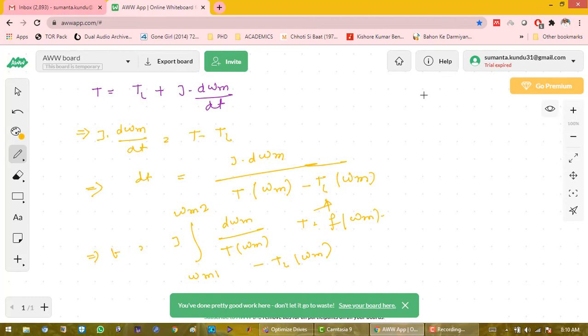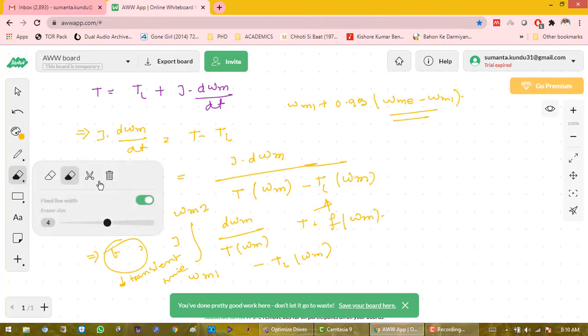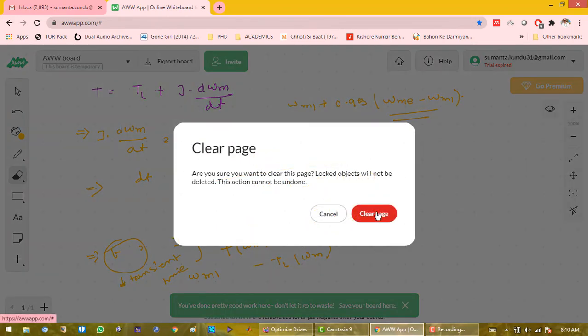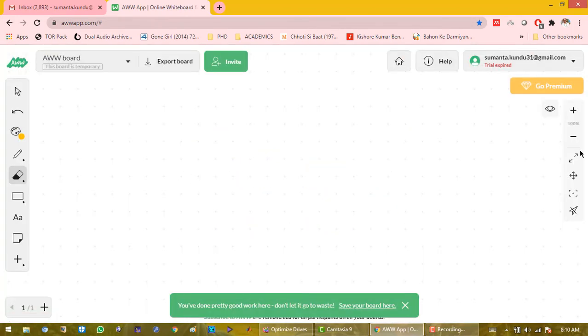So the speed will become omega m1 plus 0.95 times (omega me minus omega m1). So this is my transient time.